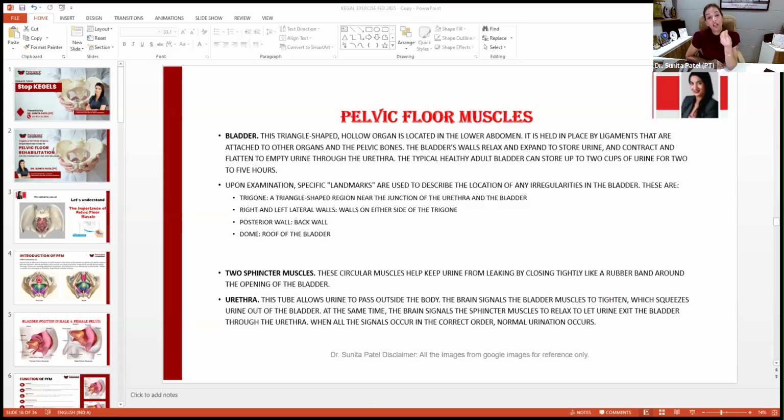Cases of 0, 1, 2 are coming to us even at the age of premenopause and postmenopause. So you can understand that much weakness, and there's no action as per the MMT scale also. So will Kegel work here if you are guiding them to do Kegel?